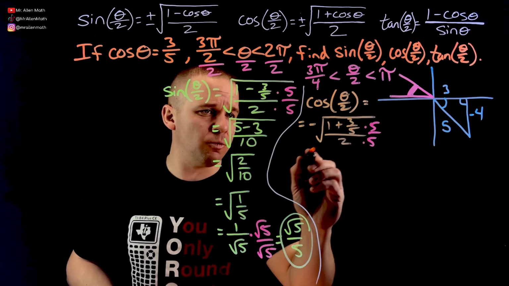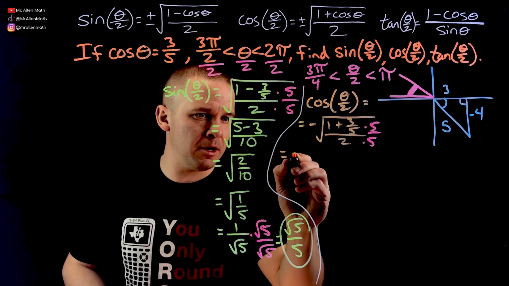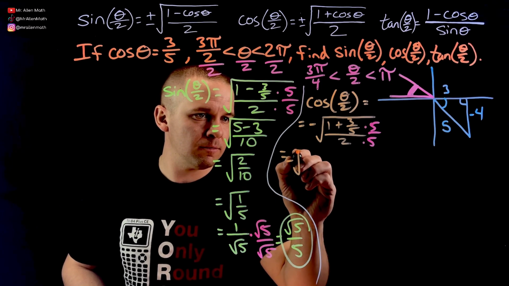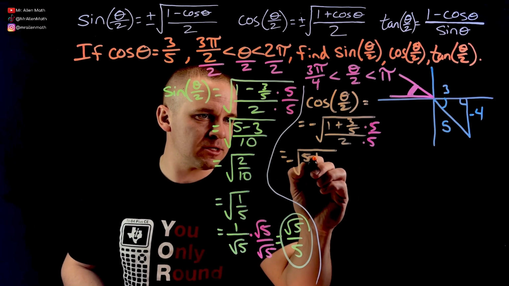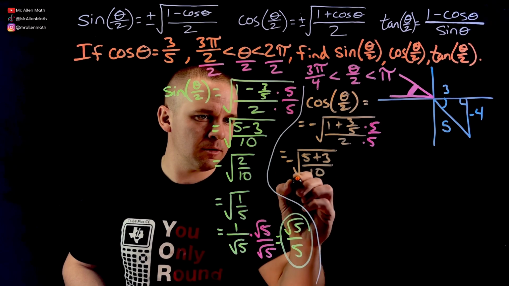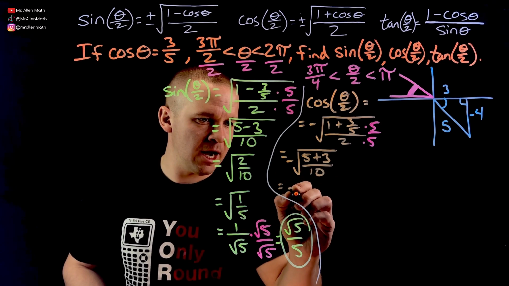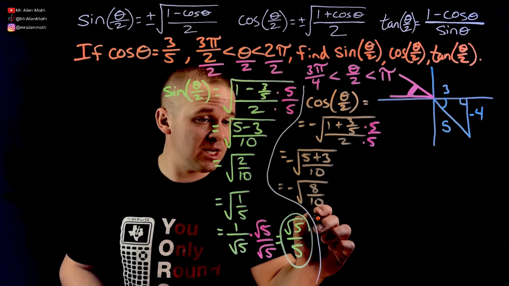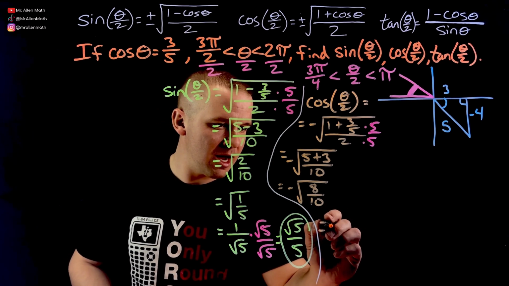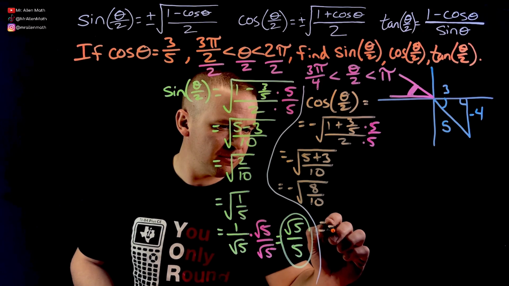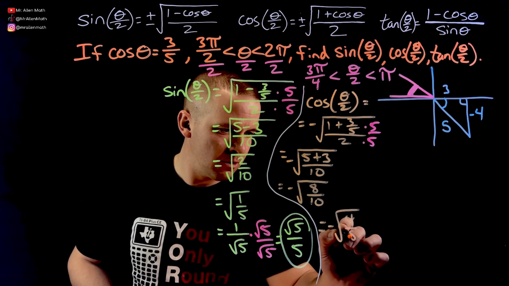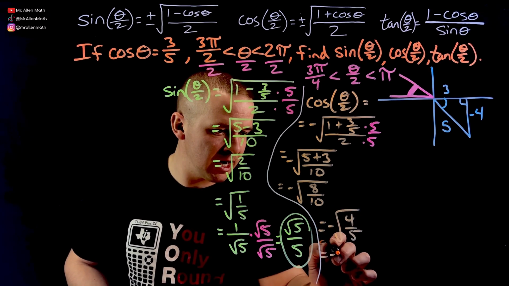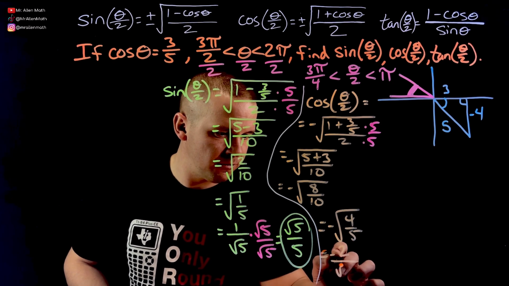So 5 times 1, and back up over here we got negative in front. 5 plus 3 over 10. So that equals negative 8 over 10. That simplifies to negative, was that 4 over 5? What's the square root of 4? It's 2. So negative 2 over root 5.